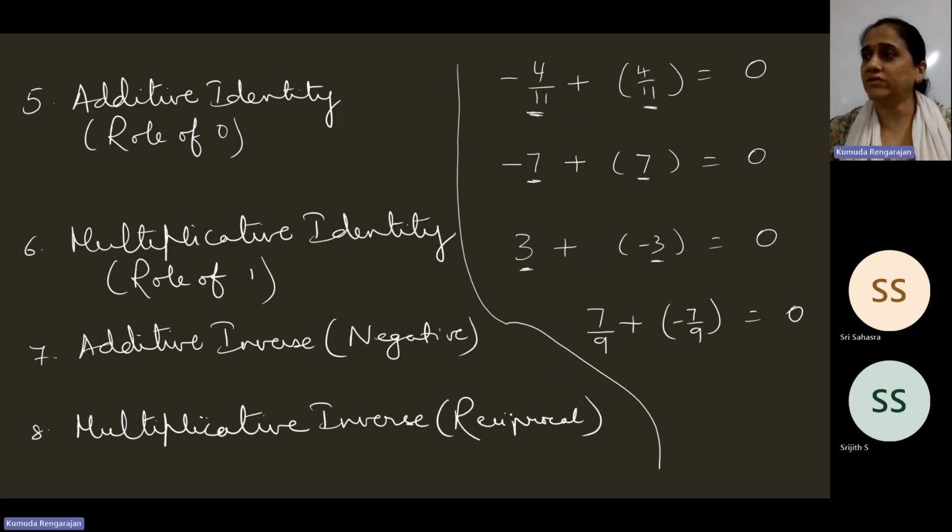Or you can also say additive inverse. The additive inverse of 7 by 9 is minus 7 by 9. The additive inverse of minus 7 by 9 is 7 by 9.